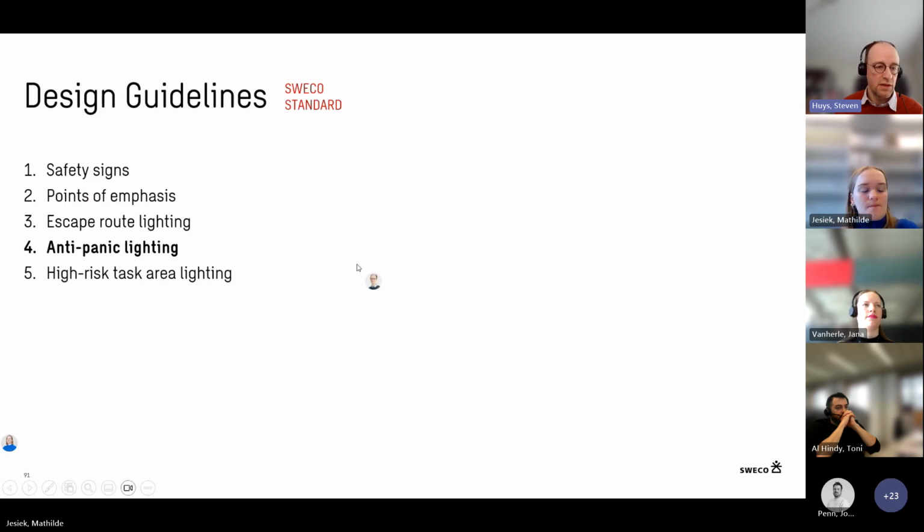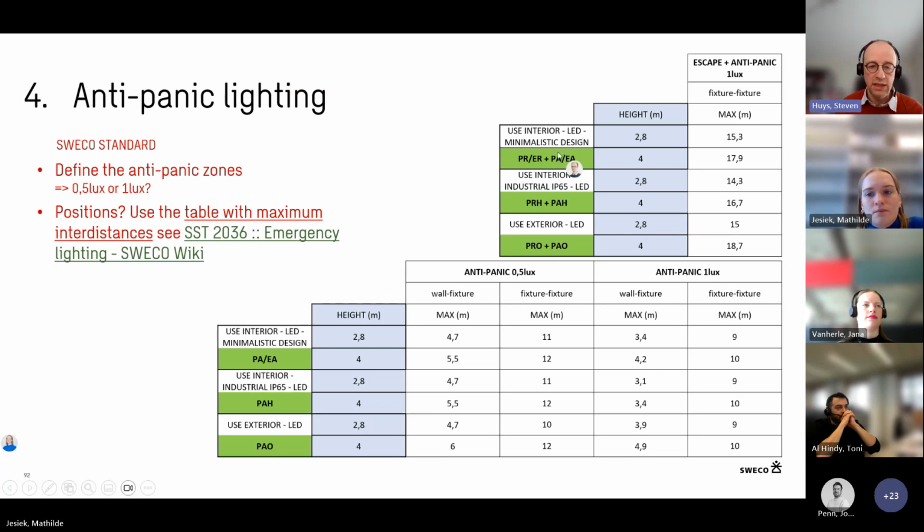Okay. Then the last thing is the anti-panic lighting for the examples. Mathilde also made the calculations and the interdistances for those circumstances for all the manufacturers, and listed the interdistances for the one lux with escape route luminaire, and then between two anti-panic fixtures for a half lux and for one lux, again between the wall and the fixtures and the fixtures in between them.